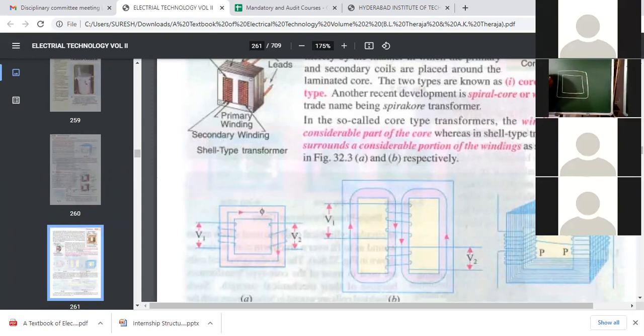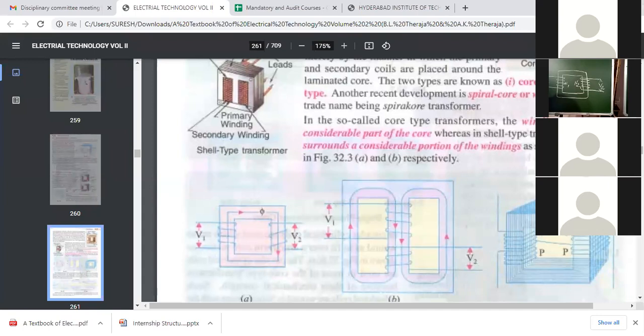And I am drawing the winding on the iron piece. This is N1. This is N2. And this is your V2. See, in your textbook also they have given this first diagram. This is the core type.